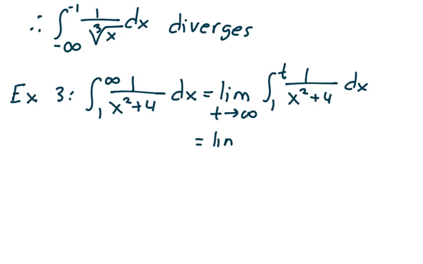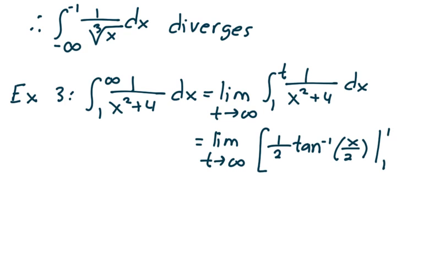Now I'm integrating basically 1 over x squared plus a squared, where a is 2. So I'm going to get 1 over a, which is 1/2, arctangent of x over a, where a is 2, and I'm going to go from 1 to t.